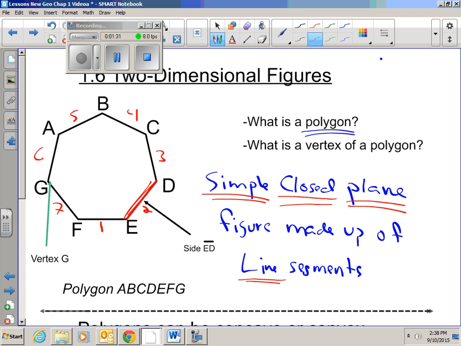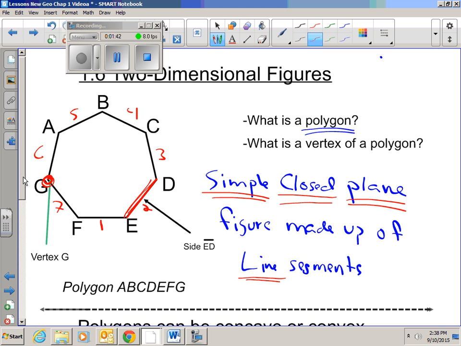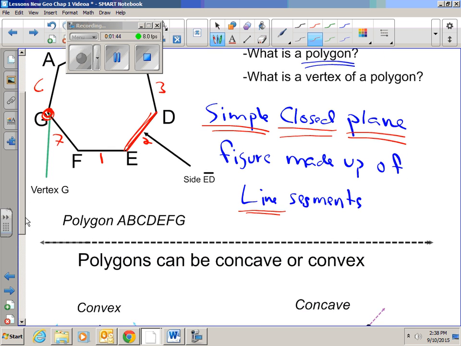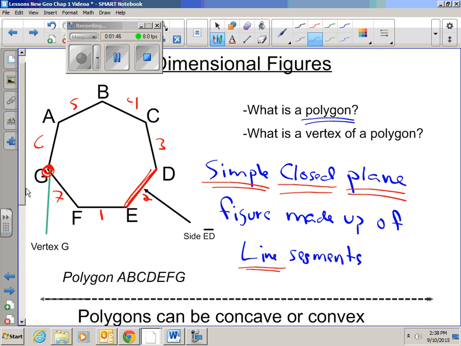And there are vertices, the points of the polygon, and there's always going to be the same number of vertices as there are sides. As we look here, this polygon is polygon ABCDEFG.